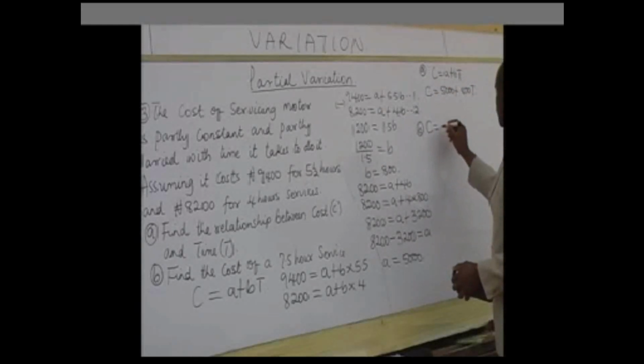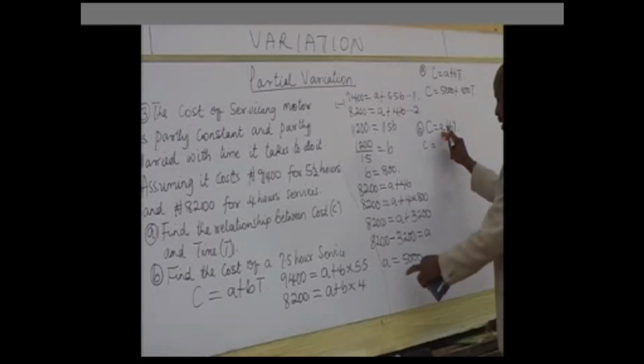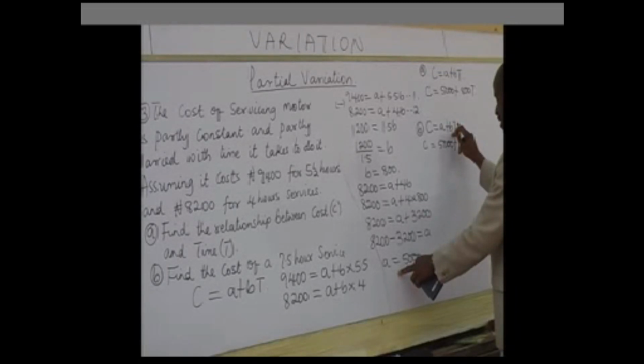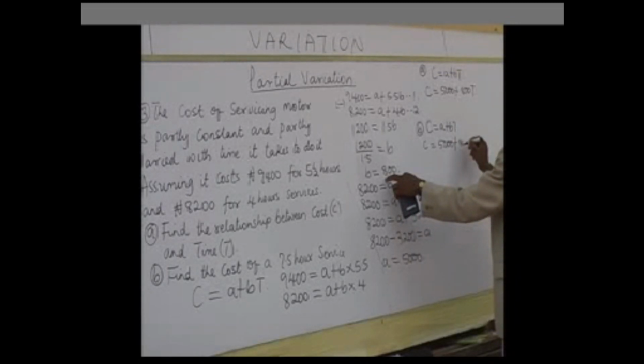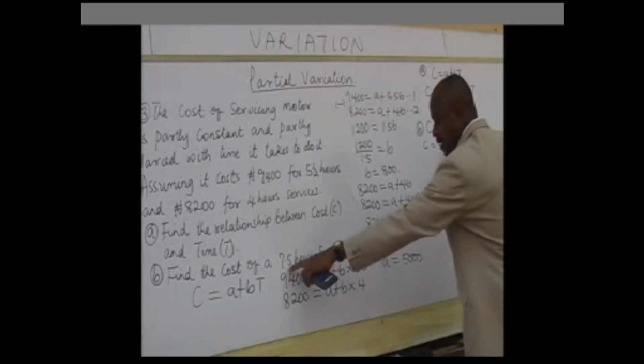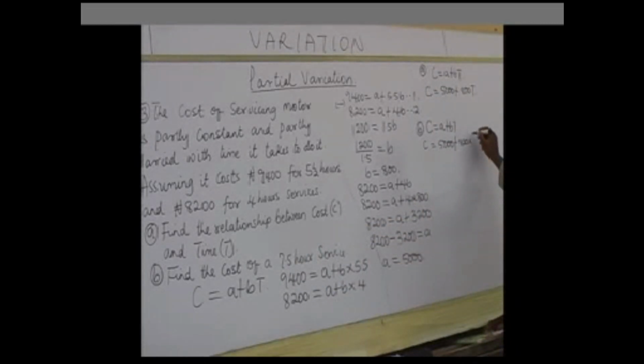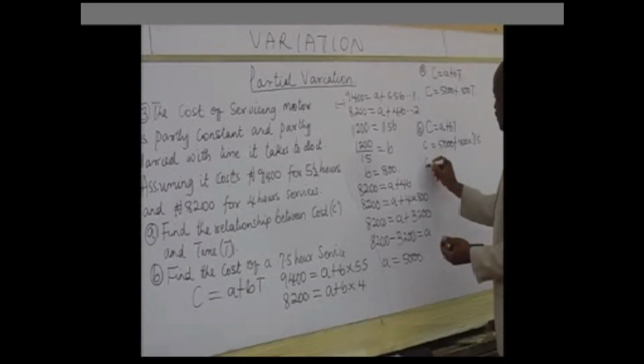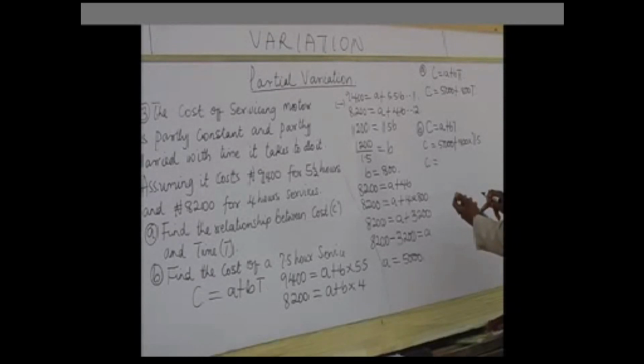C is equal to A plus B T. The cost of a 7.5 hour service is going to be equal to A, which is 5,000 naira, plus B, which is 800, then times T, which the question is asking for as 7.5. Whatever you get here is the value of the service.